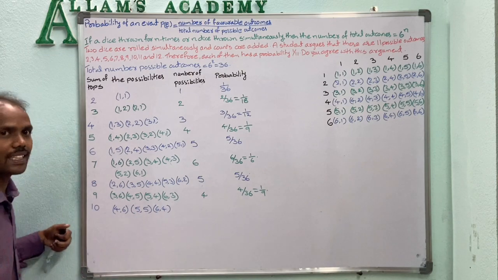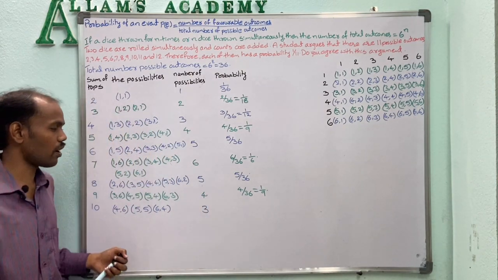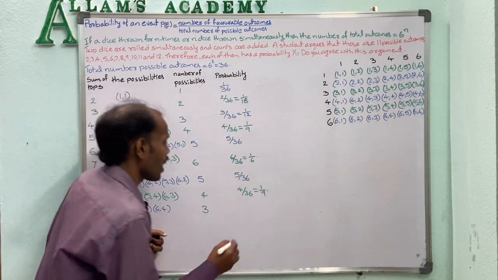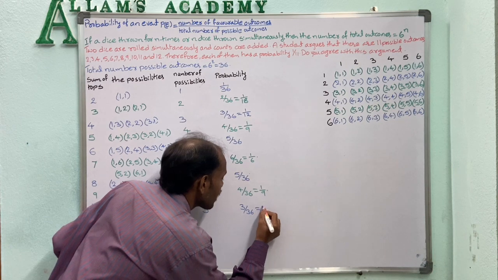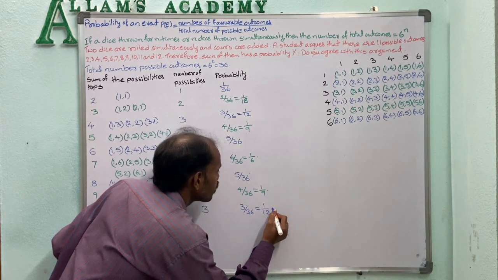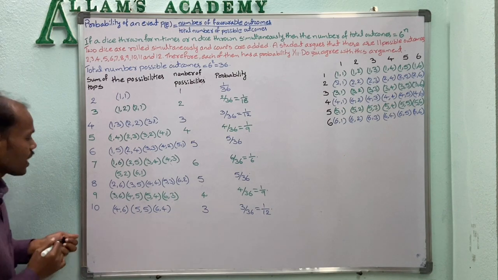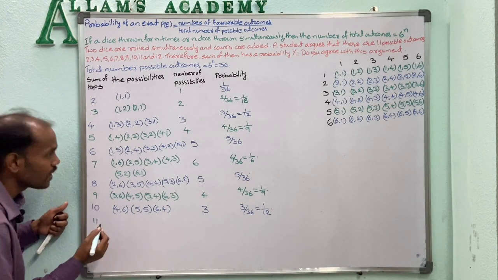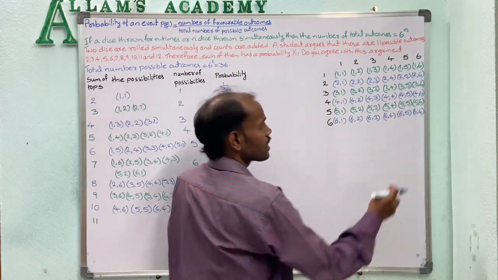They are 3 times, so the number of favorable outcomes is 3. So its probability is 3 by 36, that is nothing but 1 by 12. Next, if the sum of the tops is 11, the chances are 5 6 and 6 5.